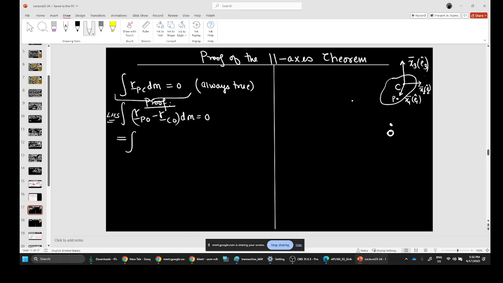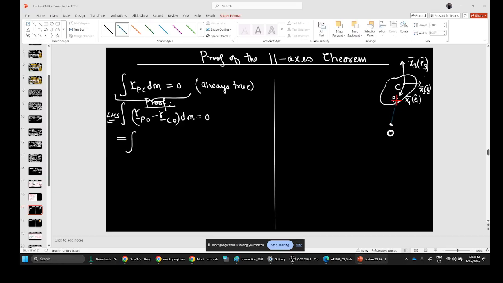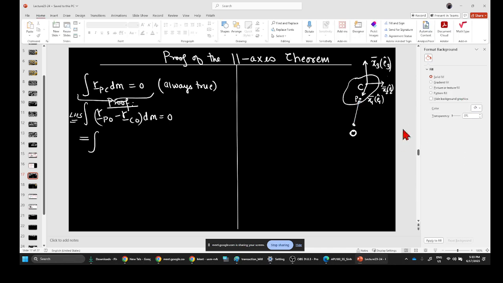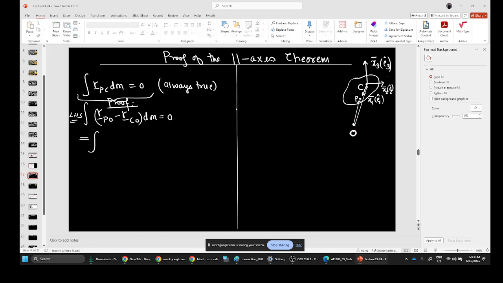R_PC can be written as R_PO, which is this vector, and then you have another vector R_CO.